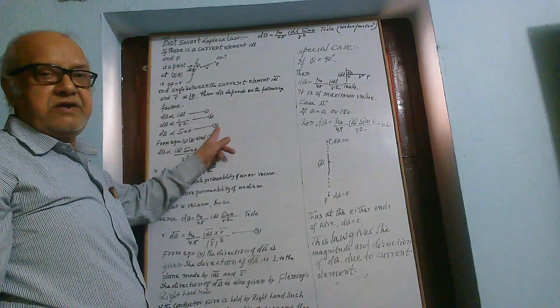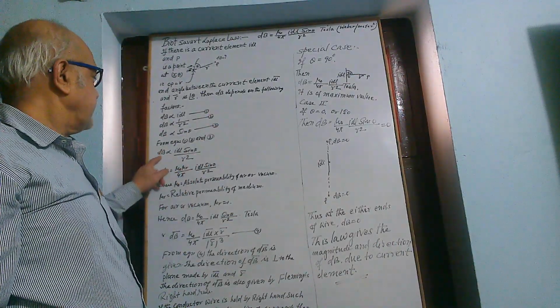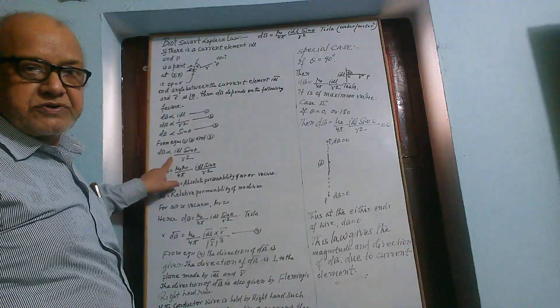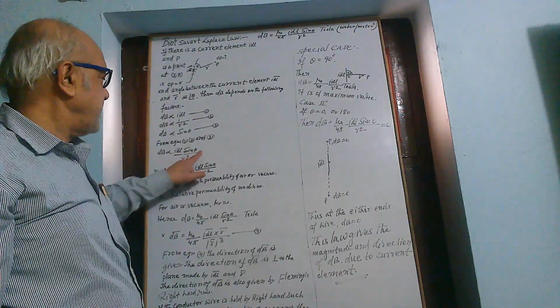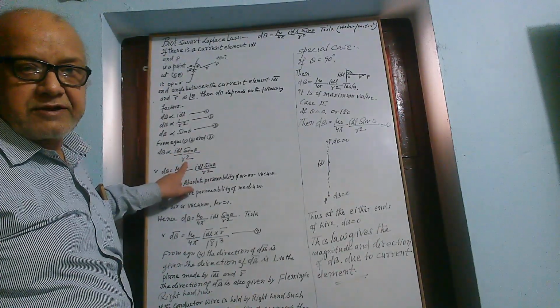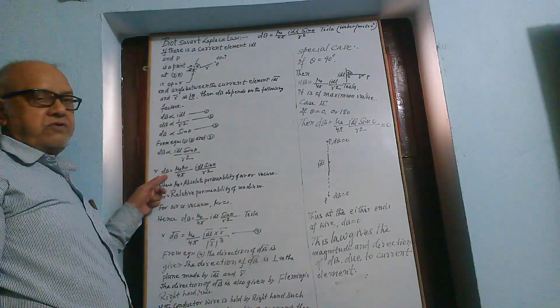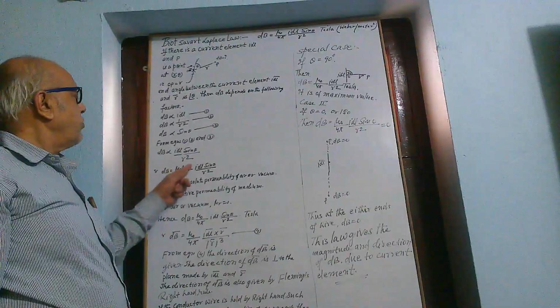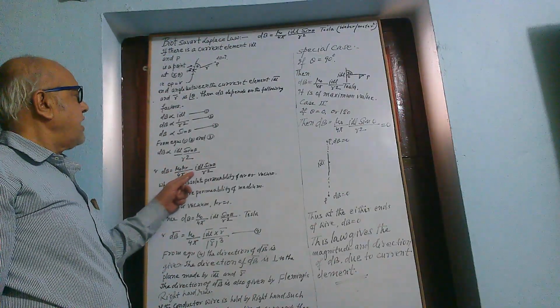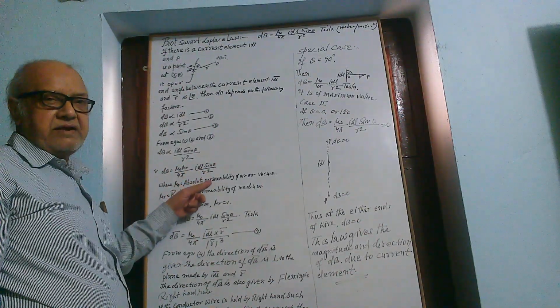From these three, dB is directly proportional to Idl sin theta by r square, and dB is equal to some constant into Idl sin theta by r square.